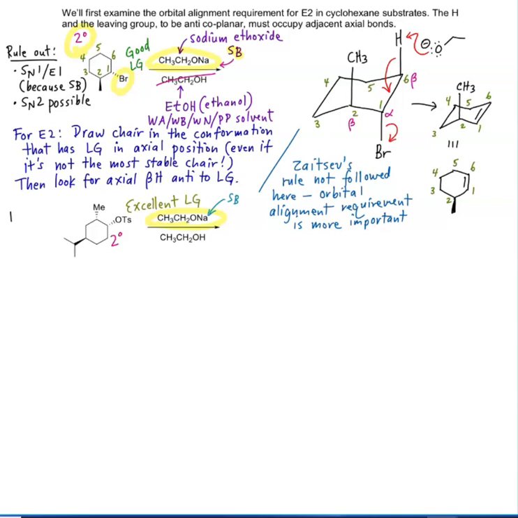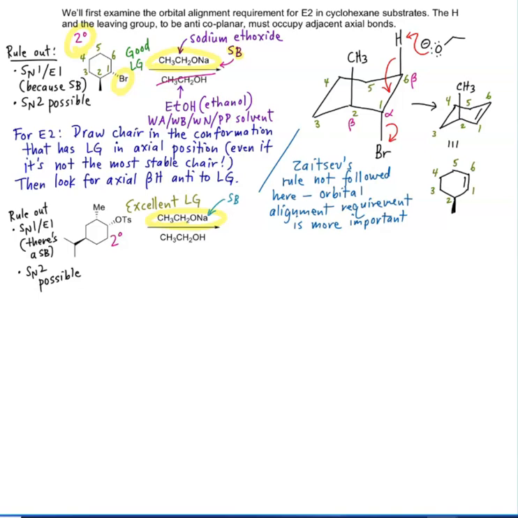And so once again, we can rule out SN1 and E1, and that's because we have a strong base. And SN2, just like the previous example, is also possible here because our substrate is secondary and only moderately hindered. So you could probably get some SN2 result as well.